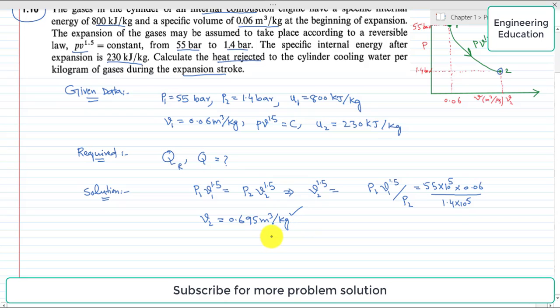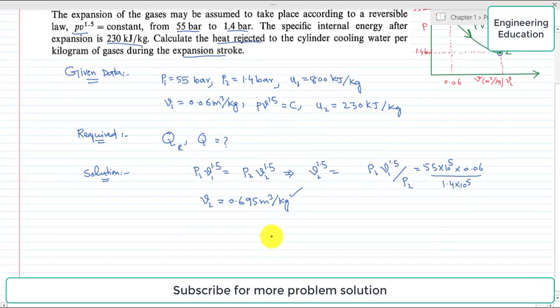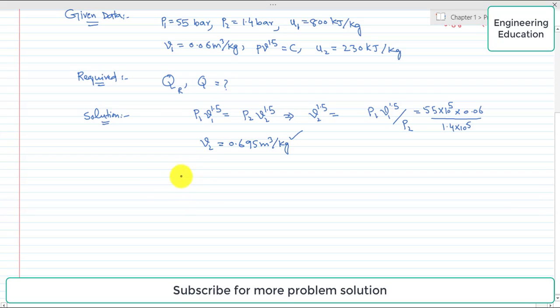Now from this we can apply the expression of work done. So work done from 1 to 2 is equal to minus m integral from 1 to 2 P dV. Further, as we know that C is equal to P V^1.5, P will be equal to C by V^1.5.